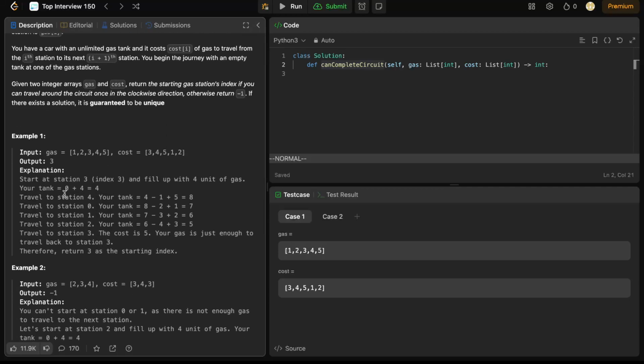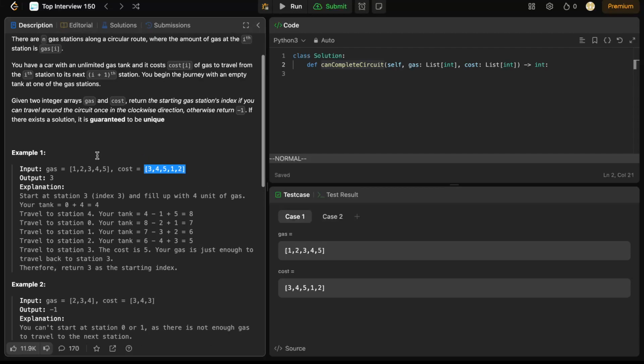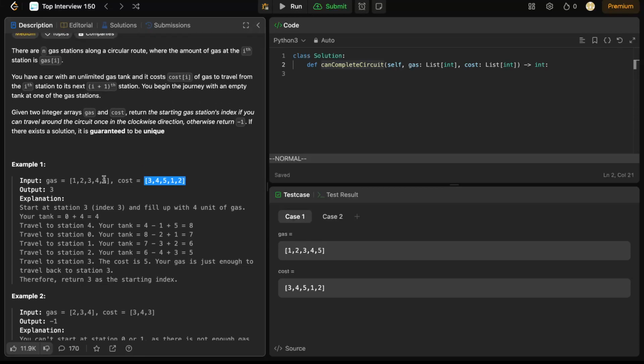So we have an example here. We have the amount of gas we can get from each gas station at the ith index, and then the cost of getting that amount of gas. And we want to find the index that would allow us to loop through the list, ensuring we meet the constraints that we have sufficient gas to make that journey.